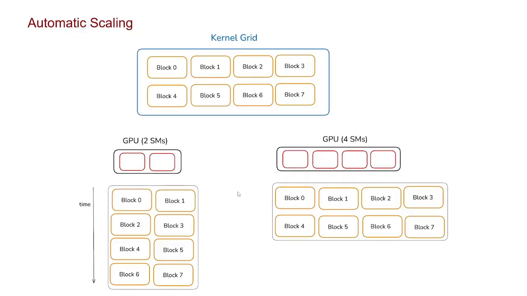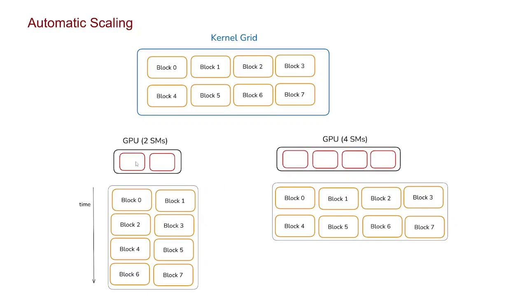So that's fine. And here we have another observation: as GPUs become more powerful, what really happens is that the array of streaming multiprocessors becomes bigger. We have many more streaming multiprocessors as the GPU architecture evolves.